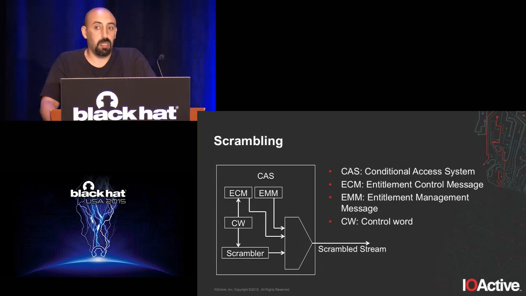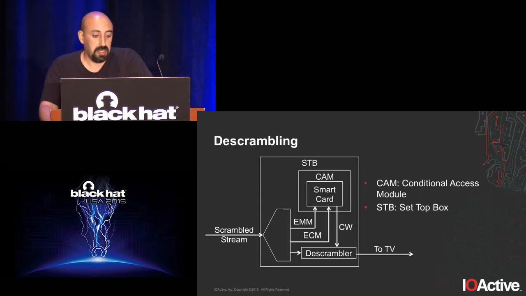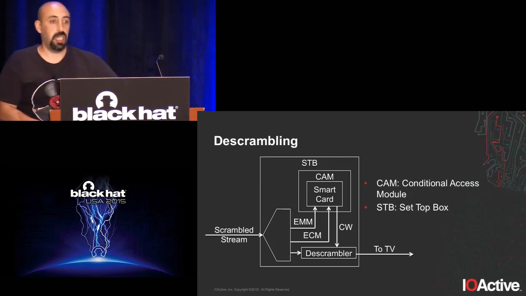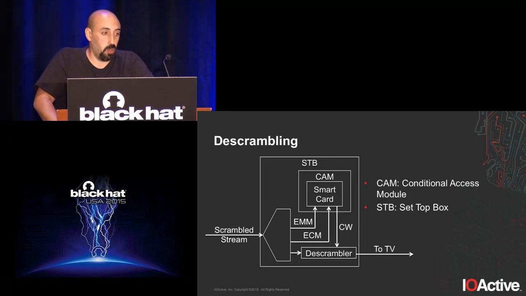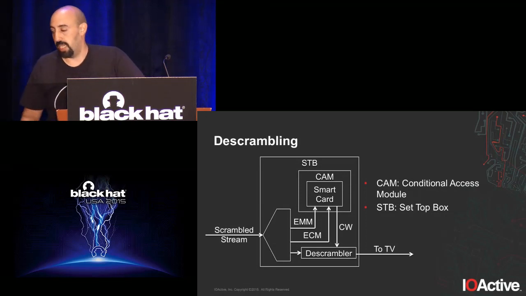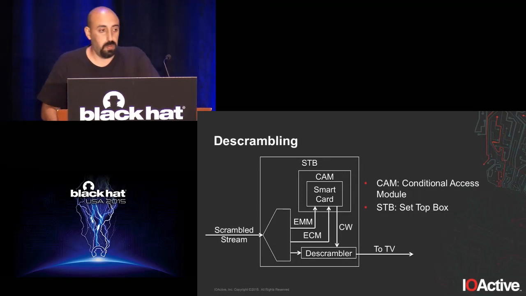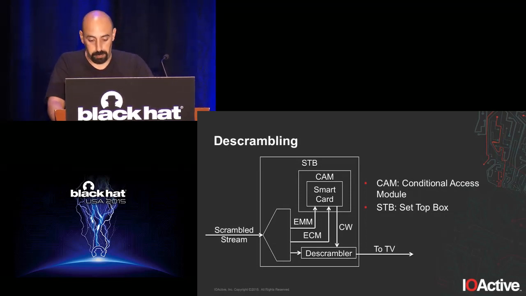This one will hold the encrypted control word, attach it to the scrambled stream, and send it to the receiver over the air. On the client side, we generally have a smart card, which will decrypt the control word, extract it from the ECM, and then use it to descramble the stream. This is a general overview of how pay TV works, how the scrambling is done, and how descrambling is done.